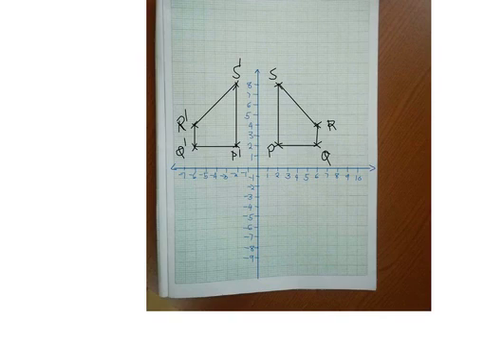So P'' is (1,-1), Q'' which is (3,-1), R'' which is (3,-2), and S'' which is (1,-4).